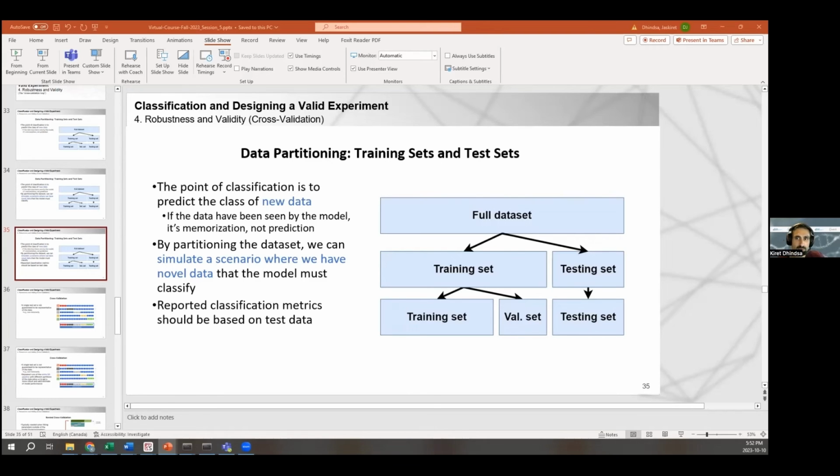Maybe a more detailed question regarding the k-fold cross-validation. This is from Julie. I hope I pronounced it correctly. How do I know how many folds I need? Is there a general principle one can stick to? Well, we can use statistics to somewhat answer this. You might not actually know a priori, right? But how many folds you need is related to how variable the performance of your model is.